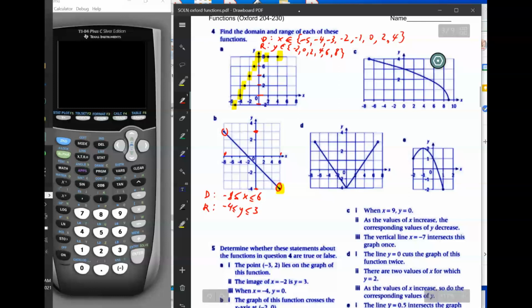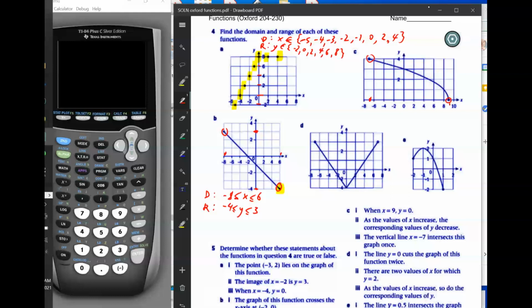All right, let's look at C. This is not a straight line, but it's a curve, and we need to pay particular attention to these endpoints because these endpoints define the interval. Remember, since we have a continuous line or curve, we are not going to write it out with whole numbers like this. We are actually going to write out an interval. So again, we're looking at continuous instead of discrete. Here the x values range from, looks like -7 to 9.